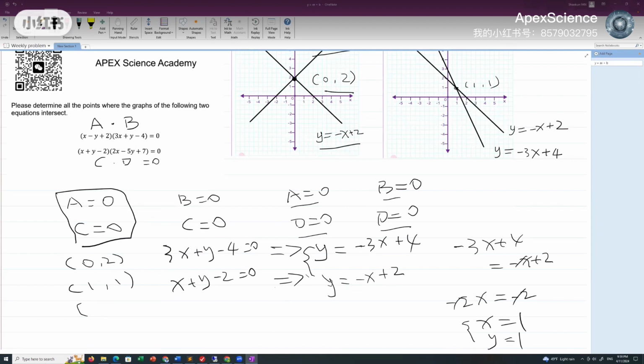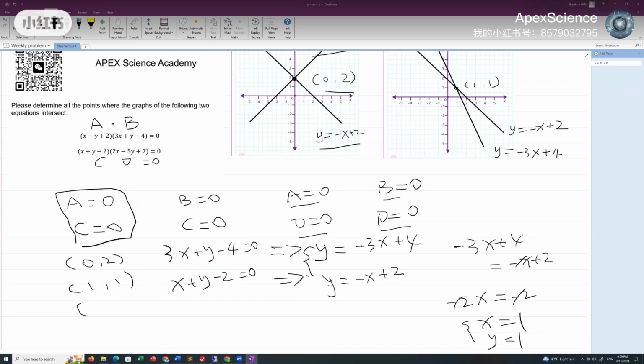Basically, we are doing exactly the same thing. We just replace these formulas into these equations, and we get a system of linear equations, and then we just use the rule of substitution to cancel one variable, and then we will be able to solve both variables.